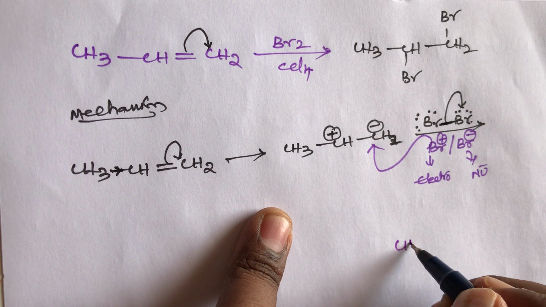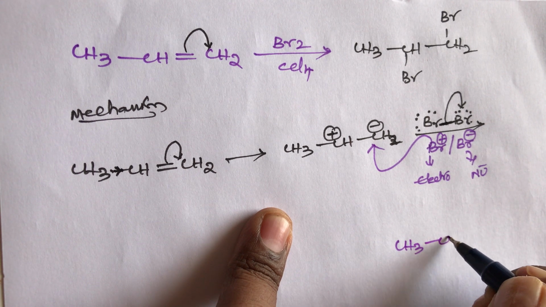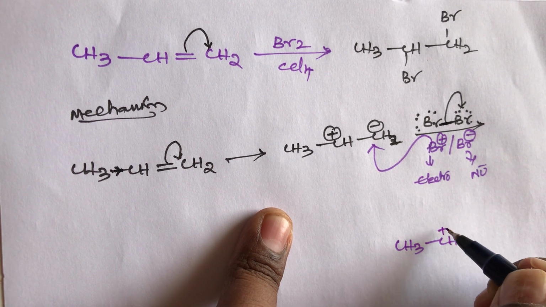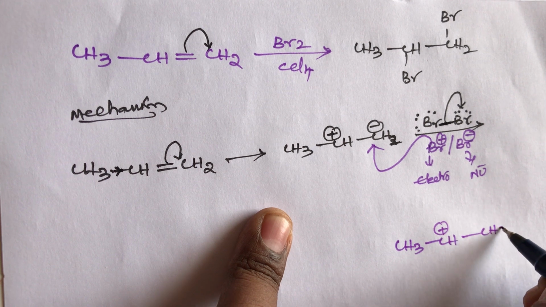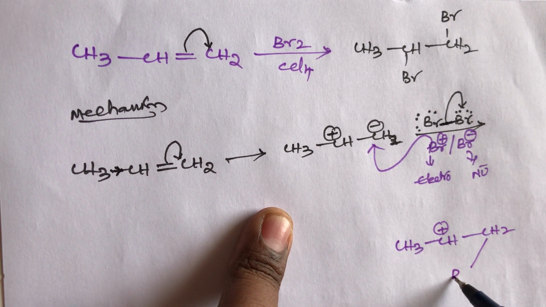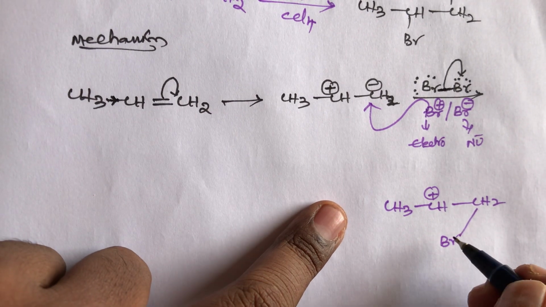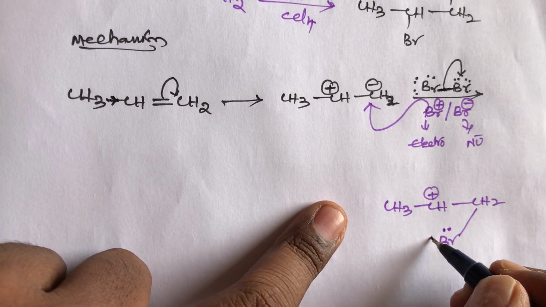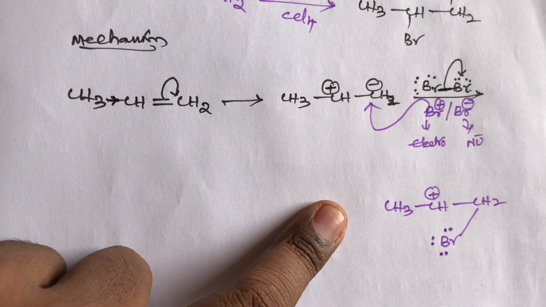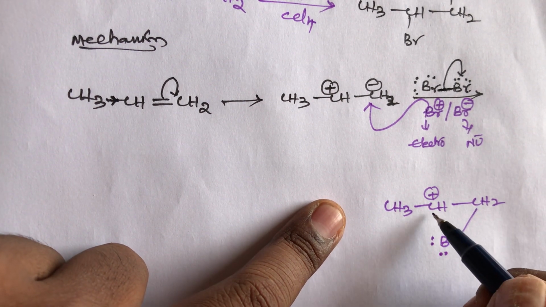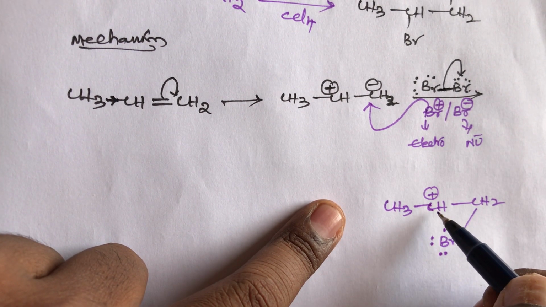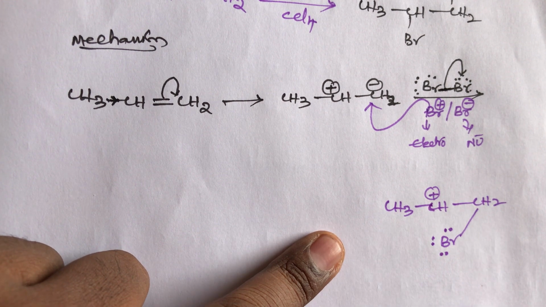We get CH3 CH plus, then CH2 with Br. This Br has the remaining 6 electrons, that means 3 lone pairs are present. This CH2 plus has one vacant p orbital.